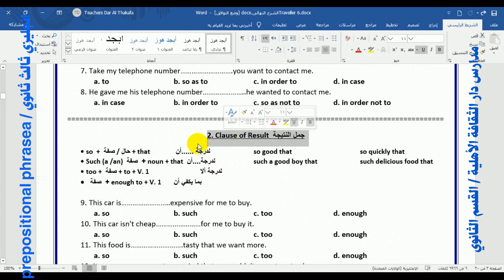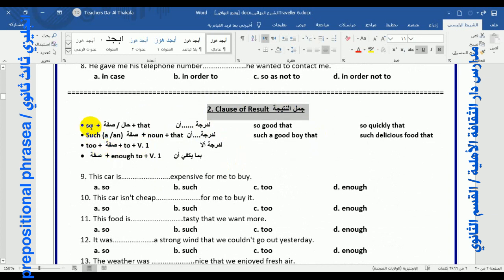The result clause. So here we have 4 connectors: so that, such that, to, and enough to. So is followed by either an adjective or an adverb and then that: so good that, so quickly that.